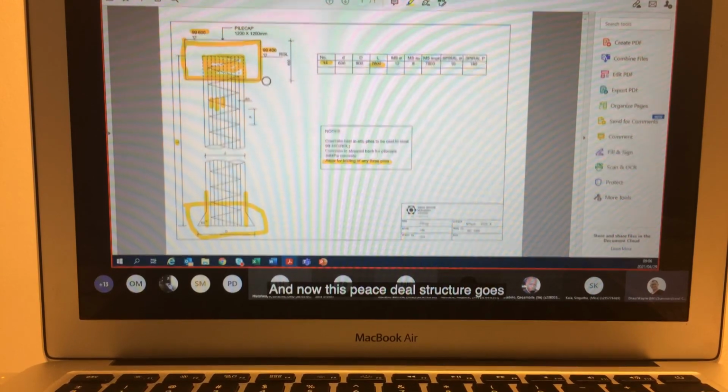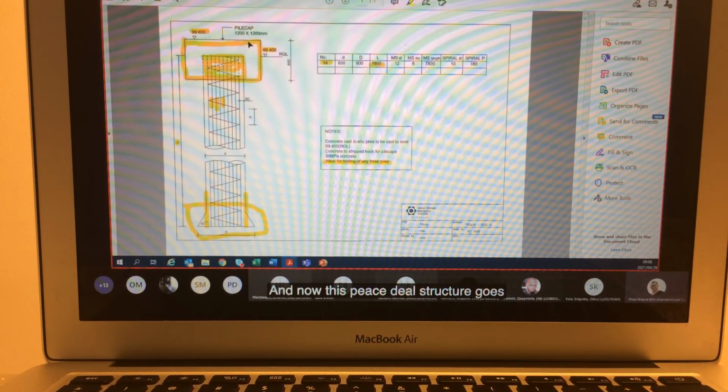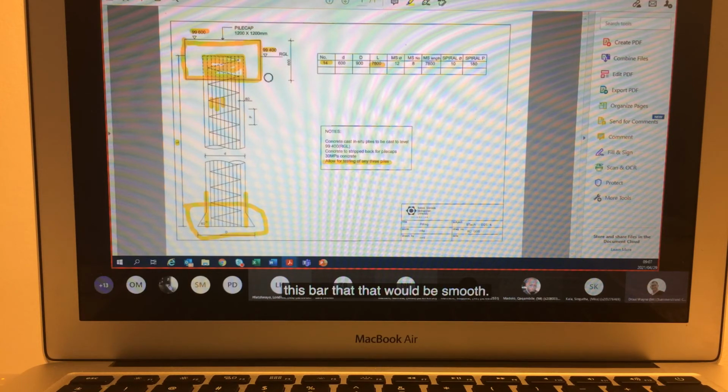Now this steel structure that goes over this pile would be a reinforced concrete pile cap that would go in there. That would also have its own cage. We also note that the top of this pile would be smooth. Why is that?